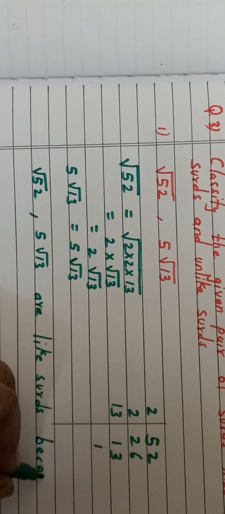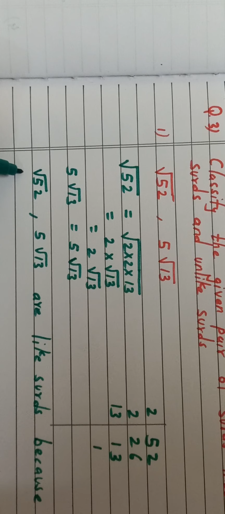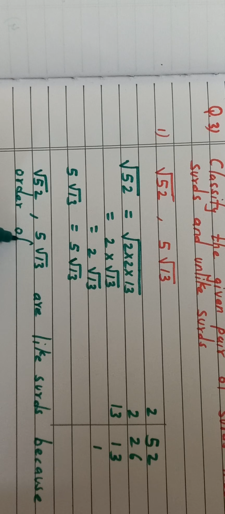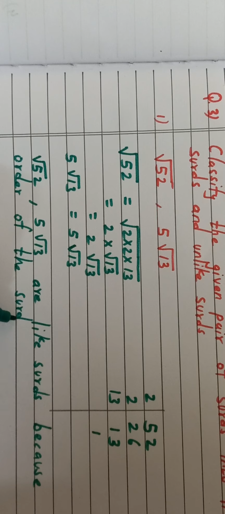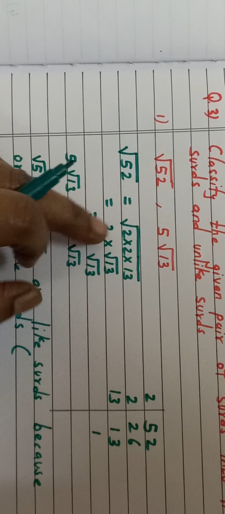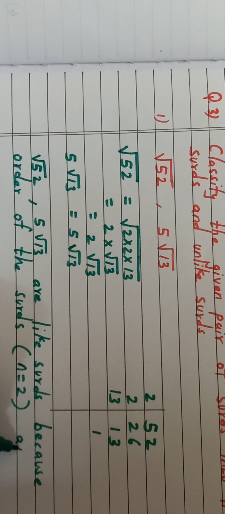Justify means, the word sometimes justifies it, because order of the surds. Order means n here, that is 2. n is equal to 2.